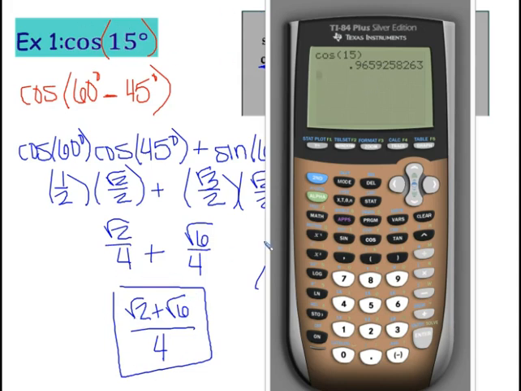Let's type this in exactly how we see it. Now since we have a fraction, we should put the entire numerator in parentheses. So we have the square root of 2 plus the square root of 6, all divided by 4. And notice how our decimals match. So this is an exact answer for the cosine of 15 degrees.